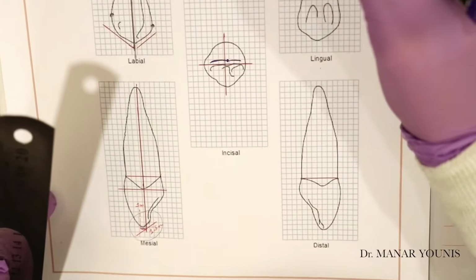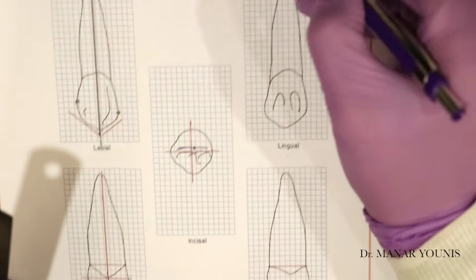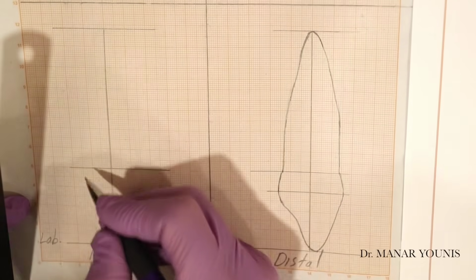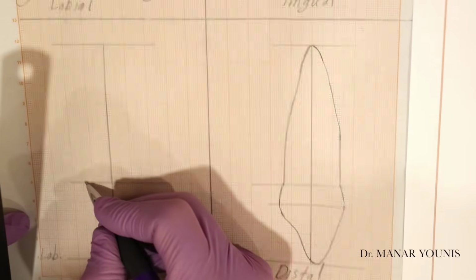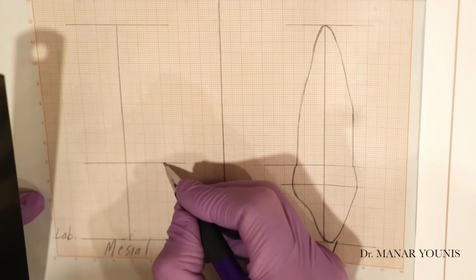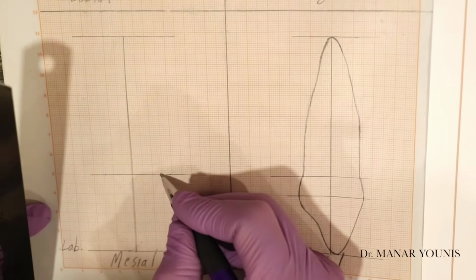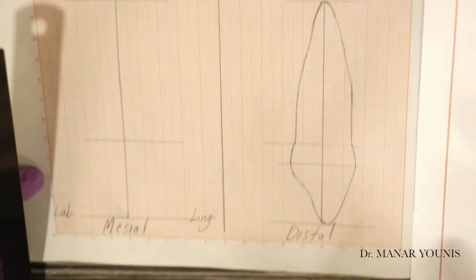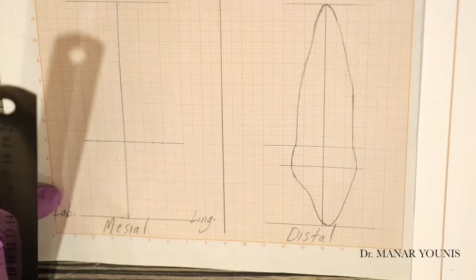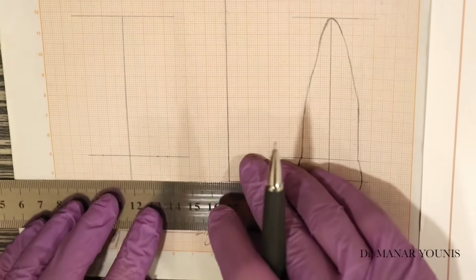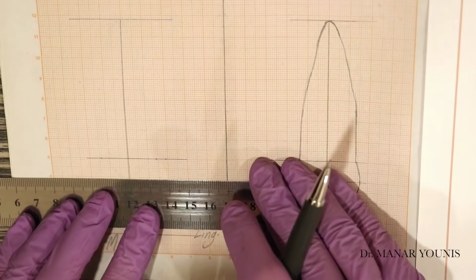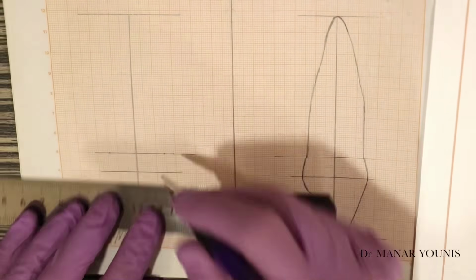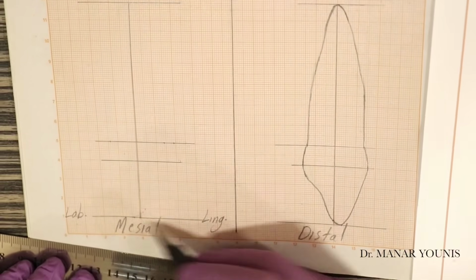I will mark the labiolingual dimension at the cervix, which is 28, divided by 2 equals 14. So I will mark 14 to the labial and 14 to the lingual. So this is the labial and this is the lingual. Then the crest of curvature, as we mentioned earlier, is about 1/4 the distance between the cervical line and the cusp tip.